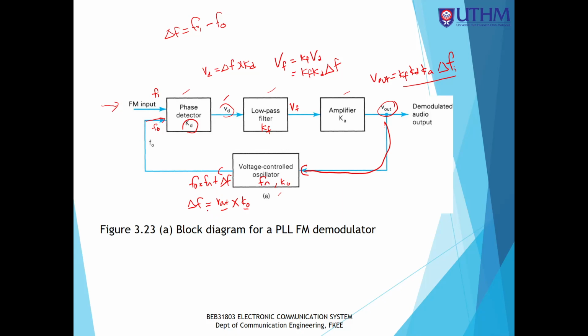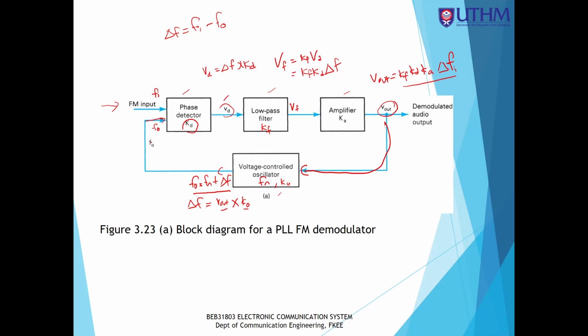So from this delta F we can produce the FO. FO is Fn, the natural frequency of the voltage control oscillator, plus the delta F, the difference of frequency. So we produce delta F based on the sensitivity parameter of the VCO.